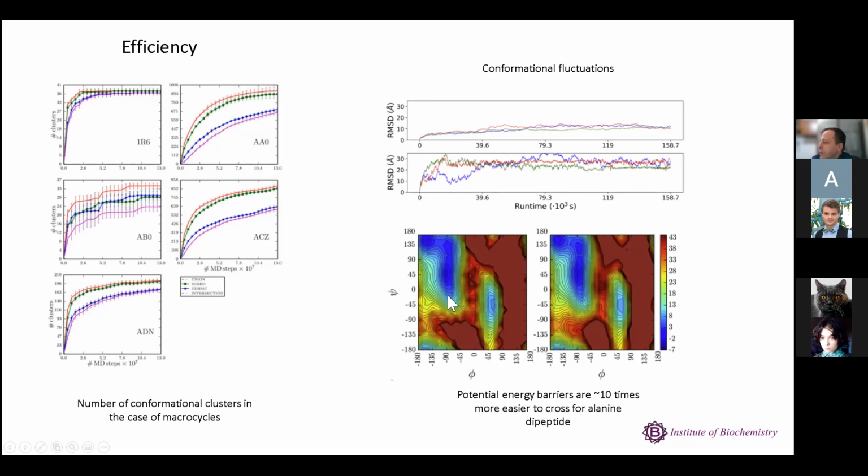And then, of course, the frequency that it crosses the energy barriers here in the middle. The middle of this chart is the energy barrier that our molecule has to cross. And so we showed that it's 10 times faster.